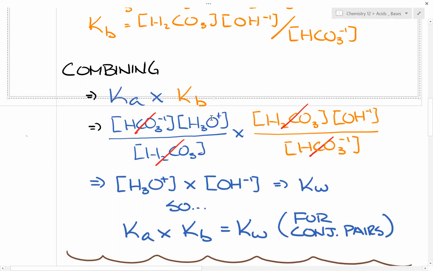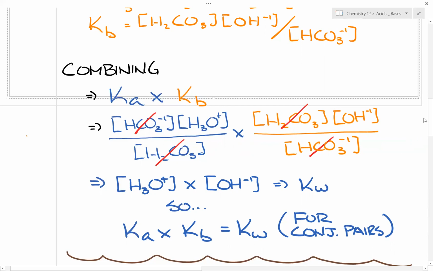After we cancel out the like terms, we notice that we're left with H3O+ times OH-. And you recall that is the expression for Kw. So when you multiply the Ka value times the Kb value for conjugate pairs, you get Kw.